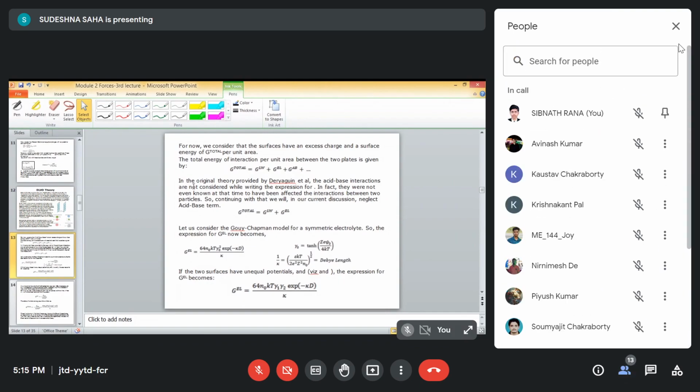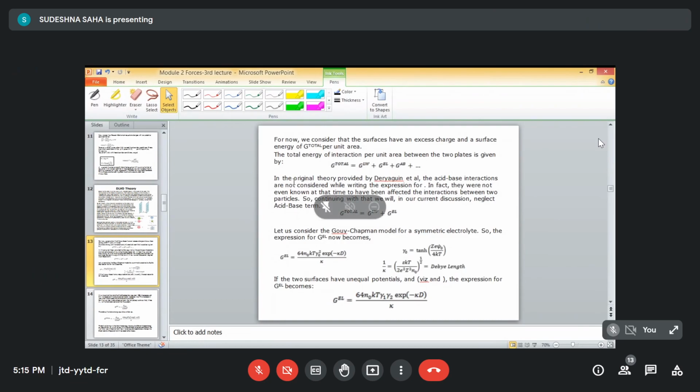By using the Derjaguin approximation, we can write G total in terms of G LW plus G EL, where the acid-base interaction can be neglected.